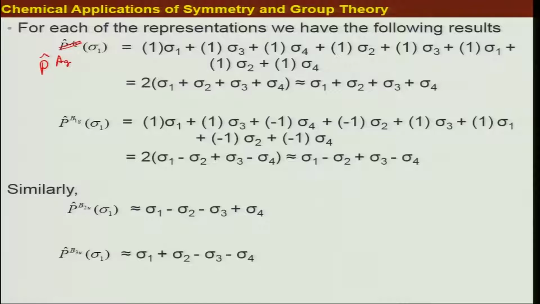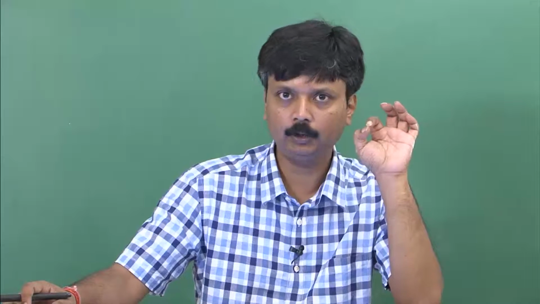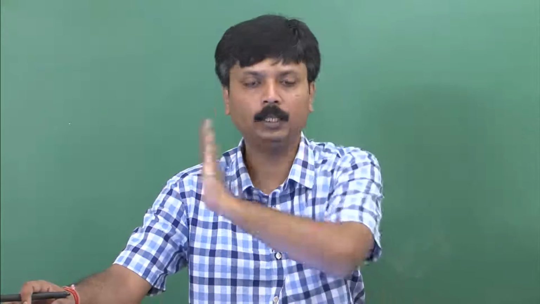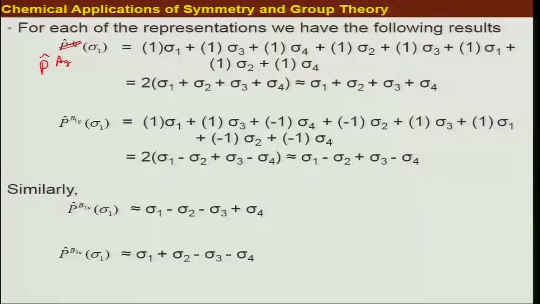You take any particular basis function out of your basis set. So I choose sigma 1, and then you form the projection operator for each one of those irreducible representations that you just got after reducing gamma, and then operate each of these projection operators on this particular basis function, which is sigma 1 in our case.